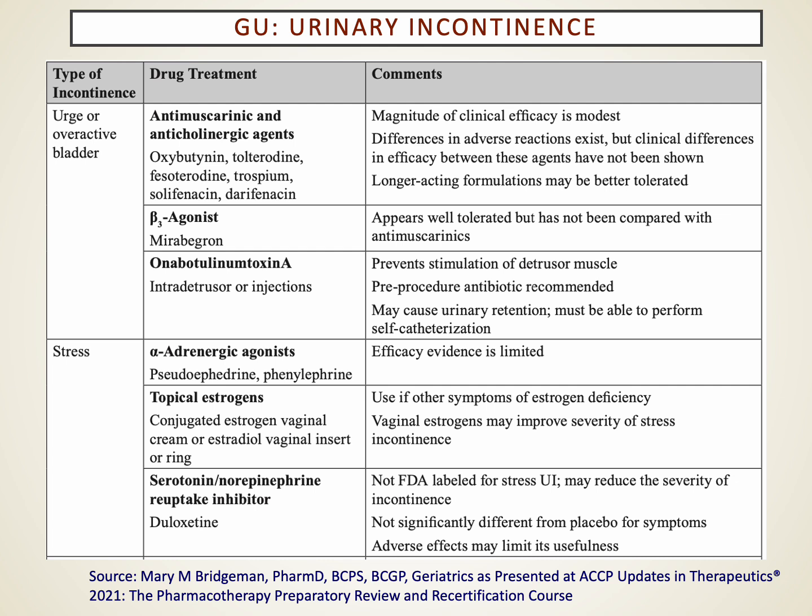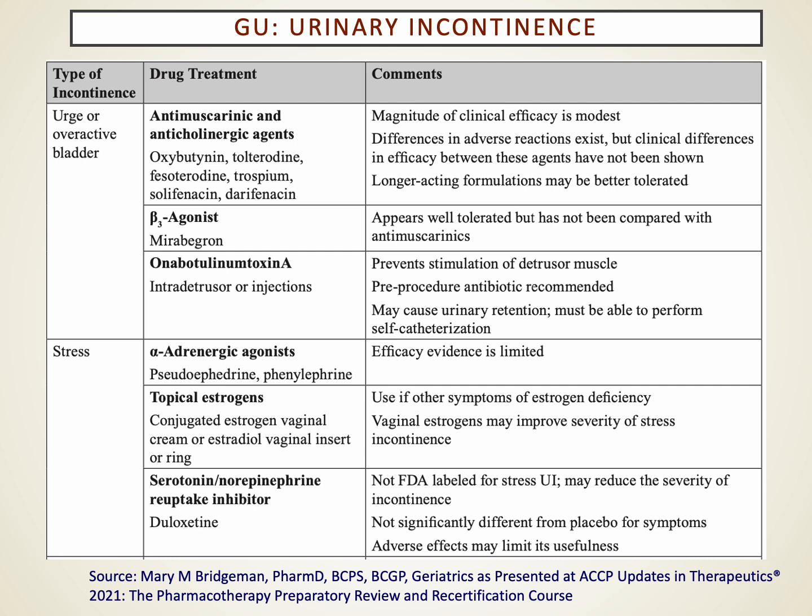For stress incontinence, the first issues, particularly if it's mild to moderate, are to look at pelvic exercises, to look at maybe some modalities or mechanical devices or products that can assist with that before we look at drug therapy.